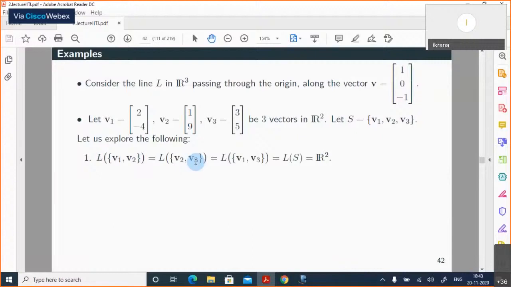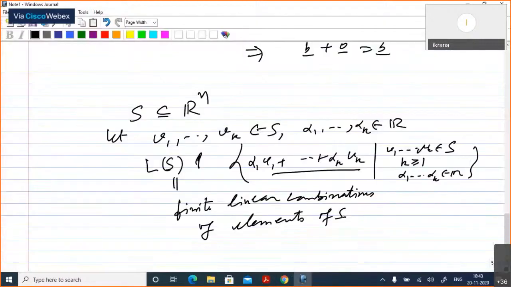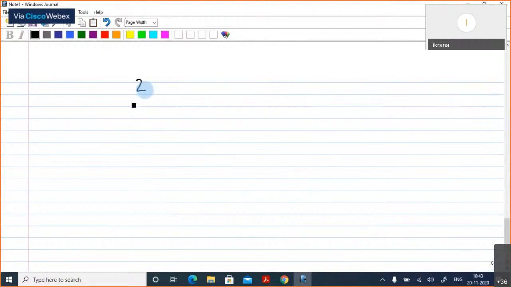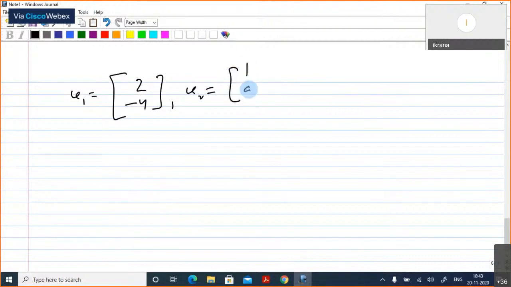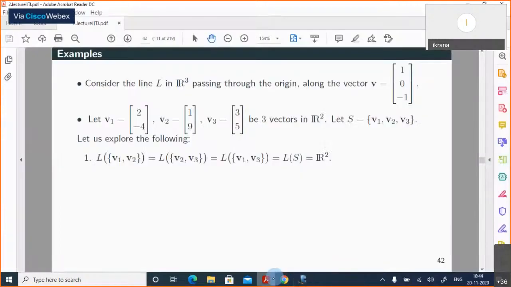So let me write v1 is 2, minus 4. v2 is 1, 9. And v3 is 3, 5.